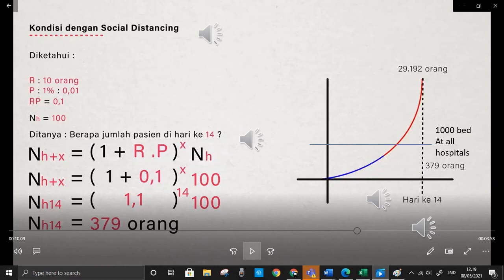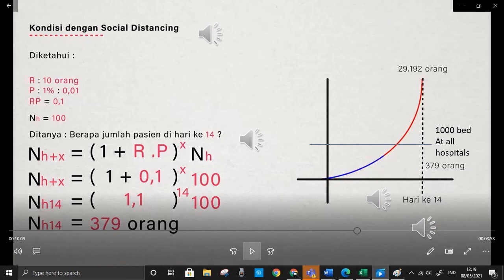But with social distancing at the 14th day, since the beds are 1,000 and the number of patients is lower than the number of hospital beds, all the patients get a hospital bed and get the chance to get treatment at the hospital. It will lower the risk of dying.